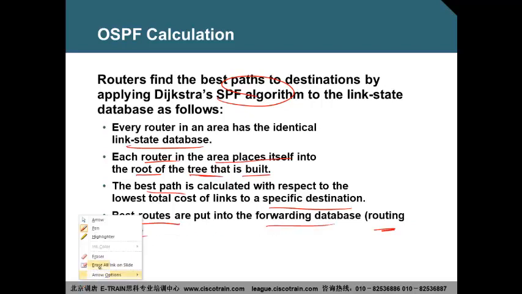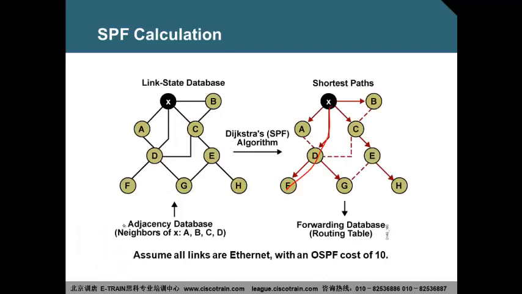It's a known story, correct? So did you understand this picture now? Assume that each link is 10 cost. This is 10, this is 10, this is 10. Each link is 10. So if X needs to go to G, take this path, which is only 10 plus 10, only 20.